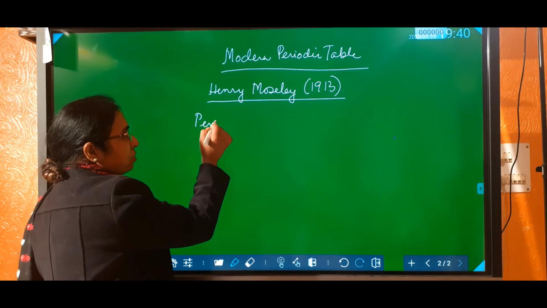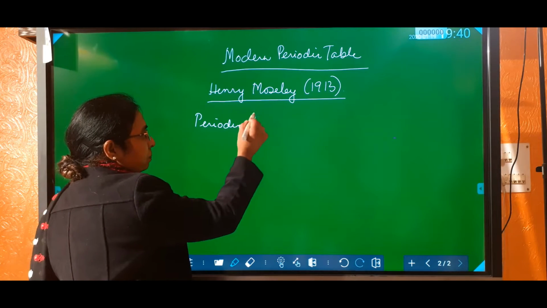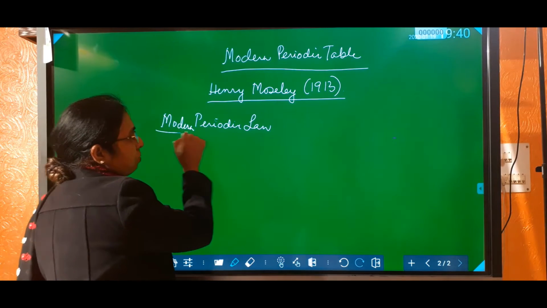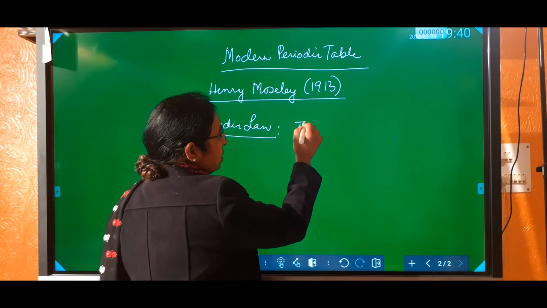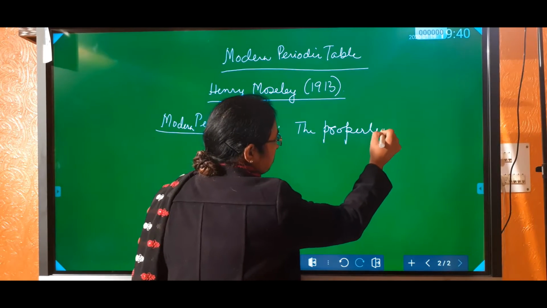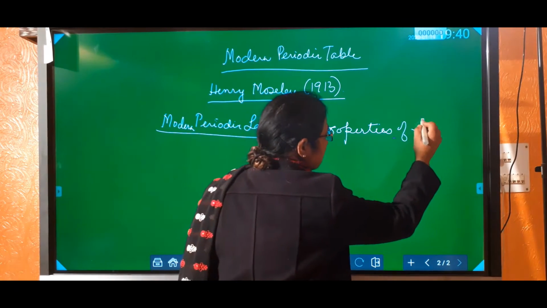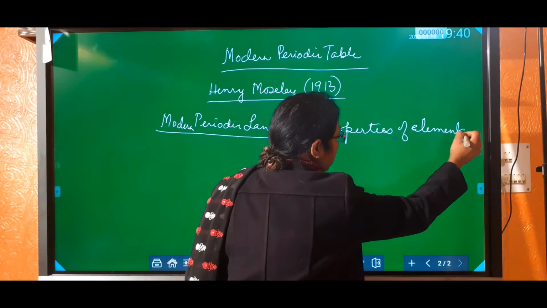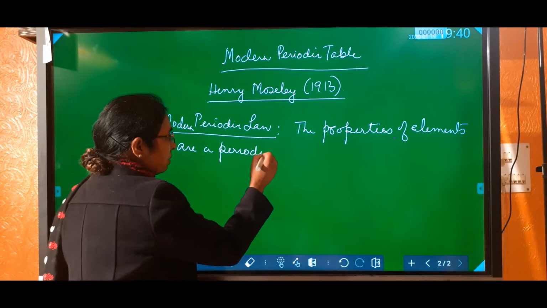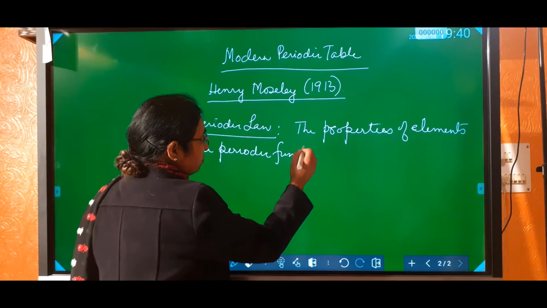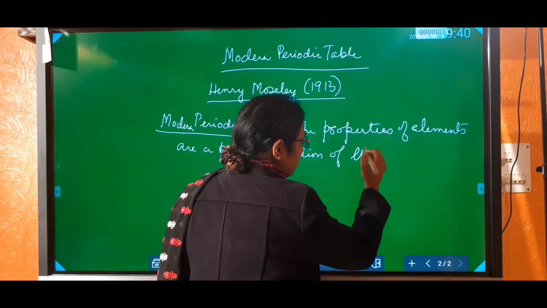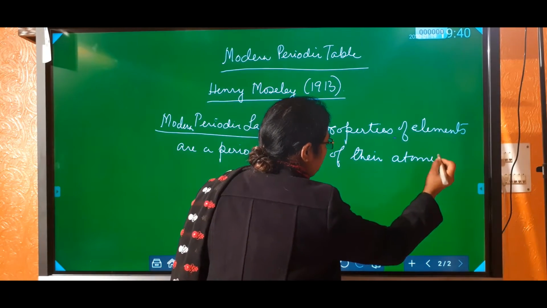Now this periodic law that he has given, we will call it the modern periodic law: the properties of elements are a periodic function of their atomic numbers.